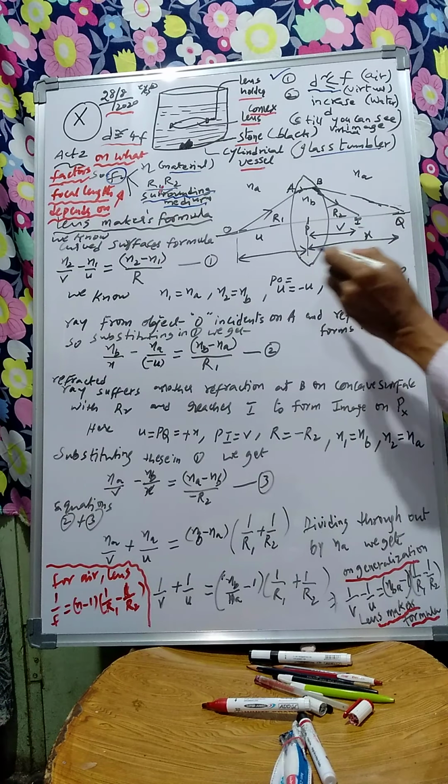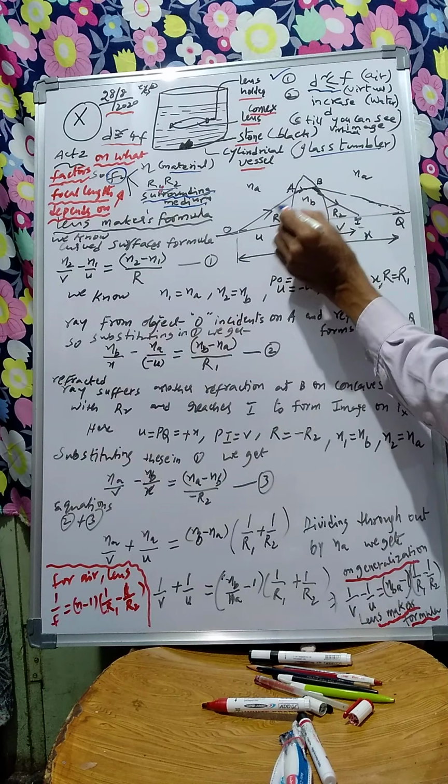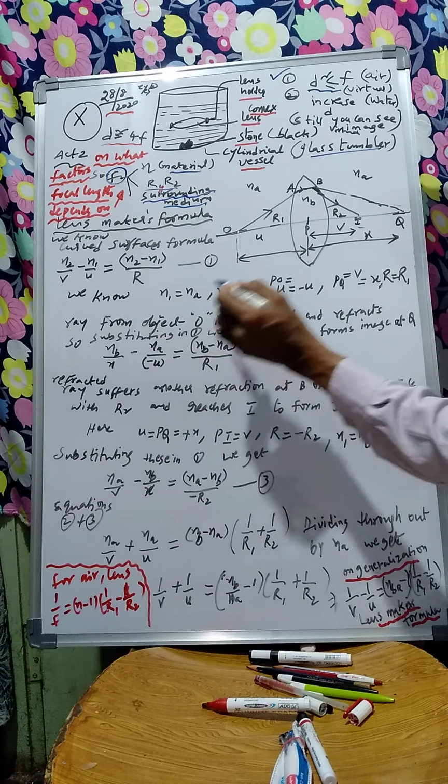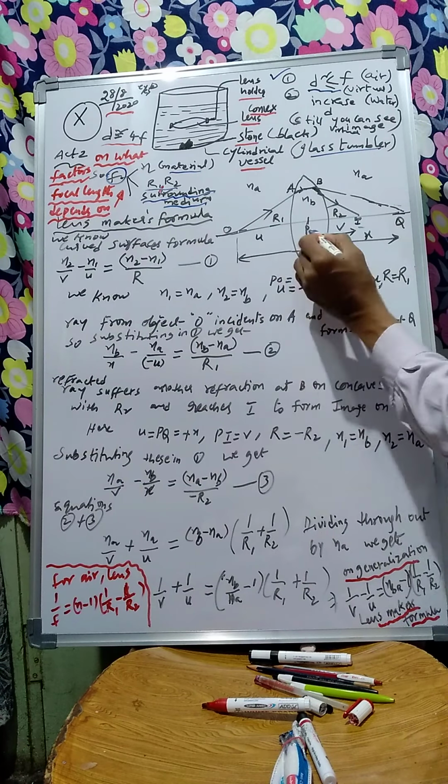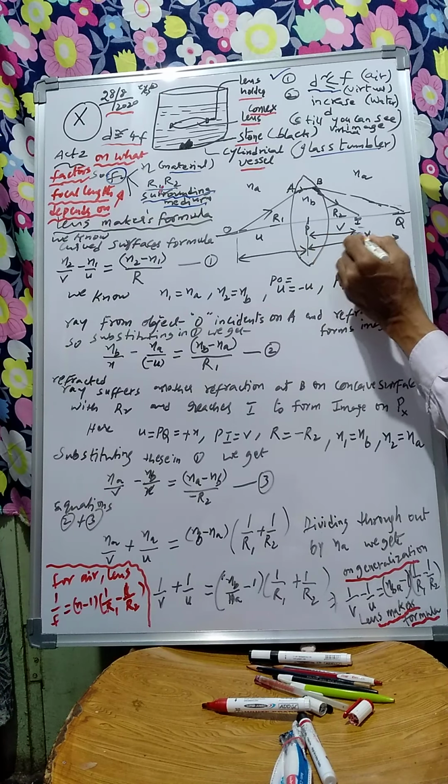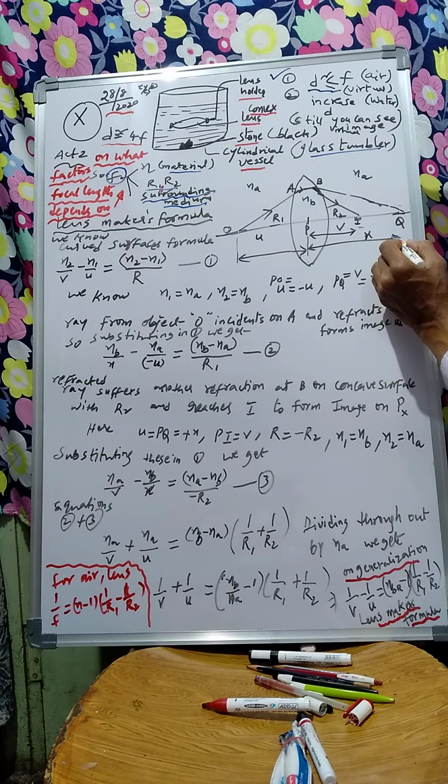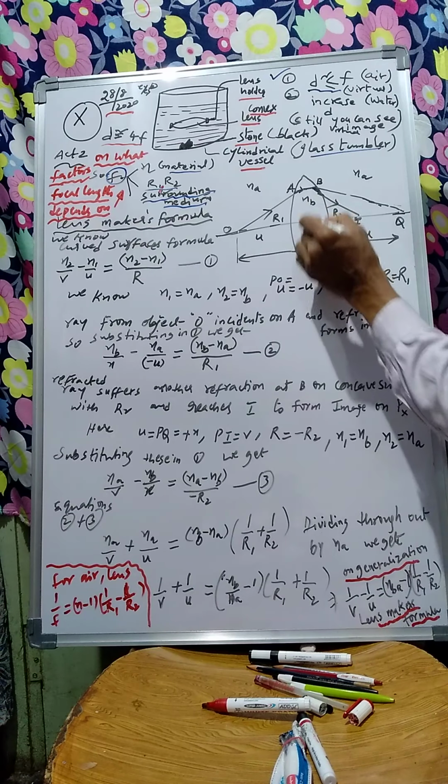Now for a curved surface, this is the principal axis, u is the object distance, v is the image distance, this is the first image, and this is the pole.